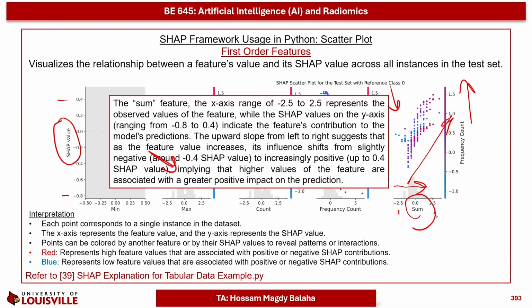Again, the red color represents high feature values, and the blue represents low feature values, and the colors between them are the range of the feature values for a certain feature.